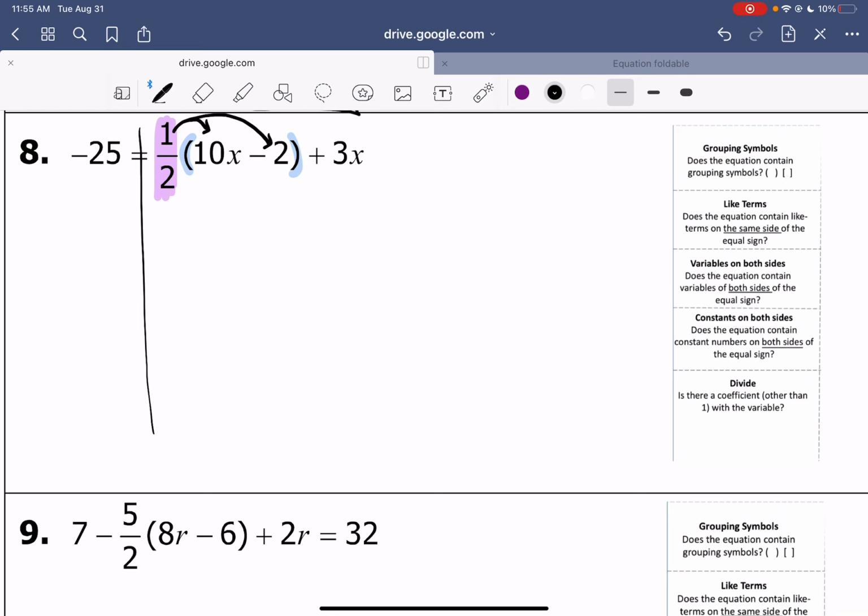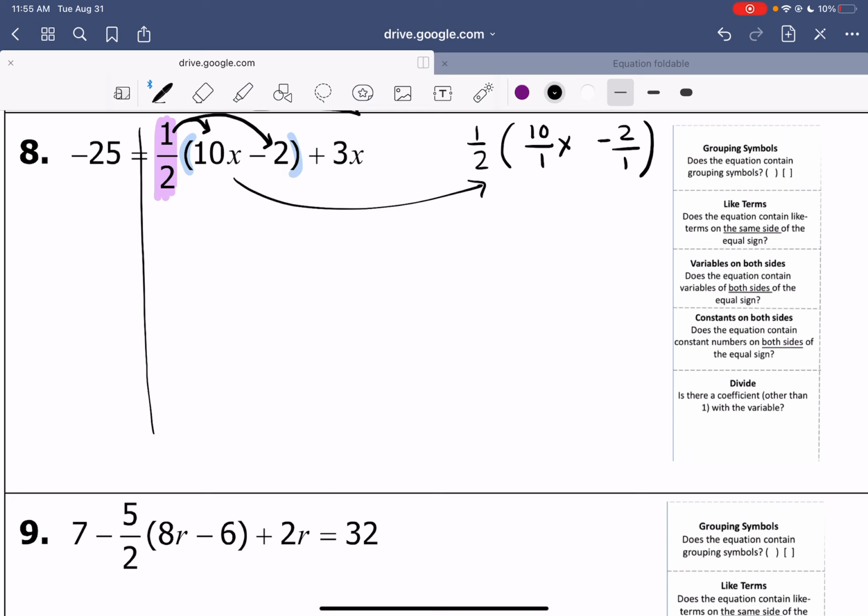When we multiply by a half, we're actually just dividing by 2. Or the way I kind of look at it, I'm going to draw this over here: 1/2, and if I turn this into a fraction, negative 2 over 1 here.